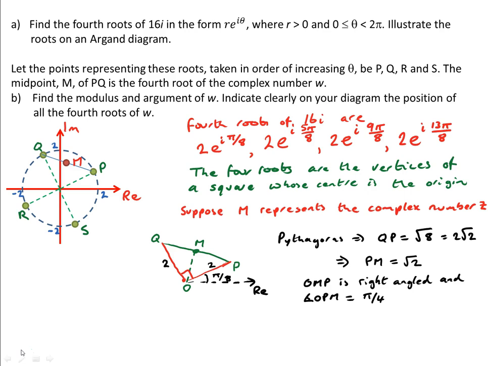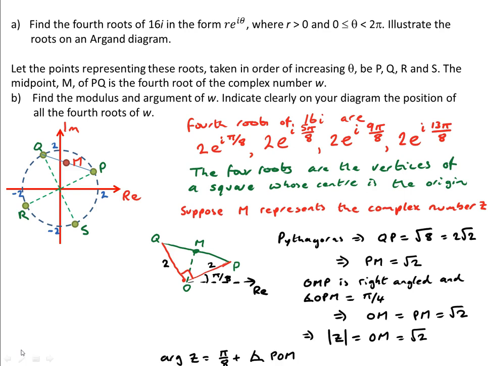So we've got an isosceles right angled triangle, so OM is going to be the same as PM, which is root 2. That means that the modulus of Z is root 2.